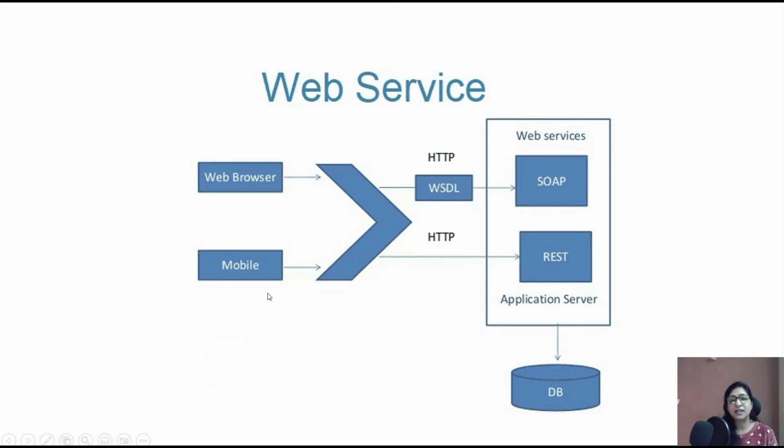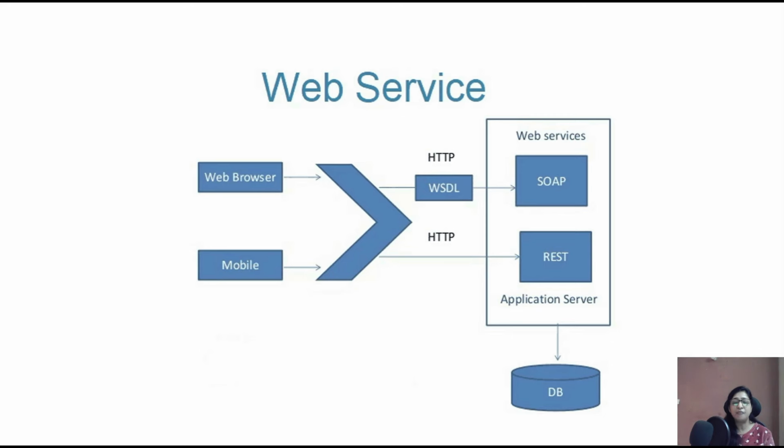But let me again discuss the structure. This is a web service where a web browser or a mobile-based application interacts with another service or application using web services. It can be SOAP-based or RESTful. In SOAP-based, a WSDL is created, which is more or less like an XML, and REST is dependent on JSON.